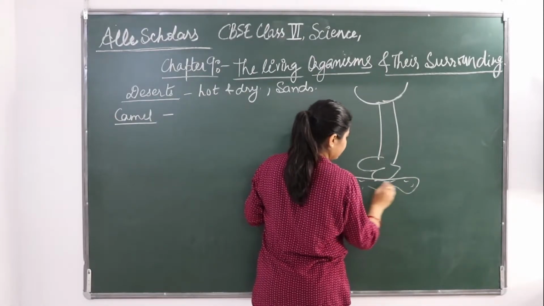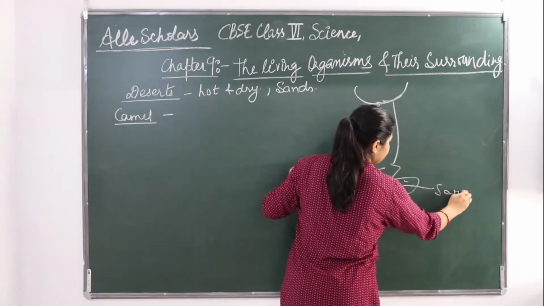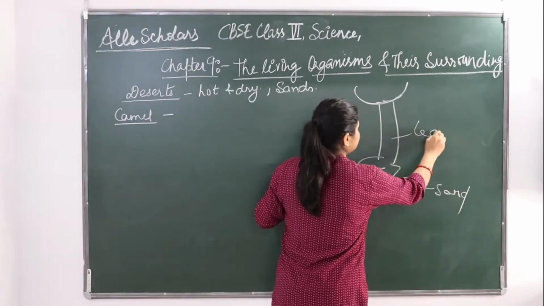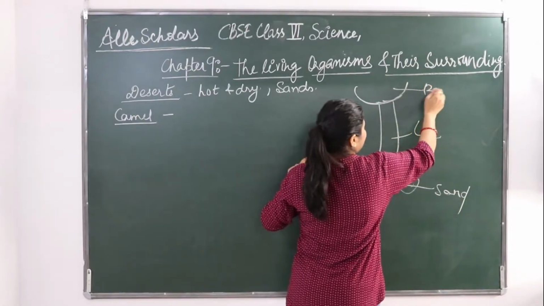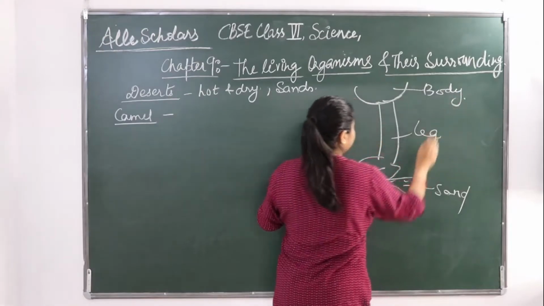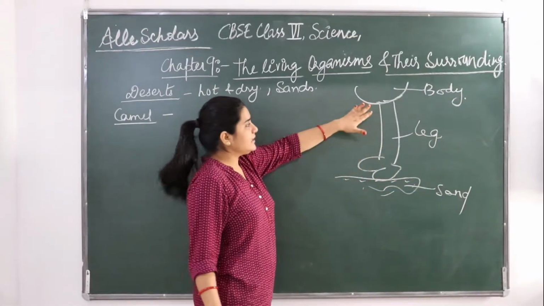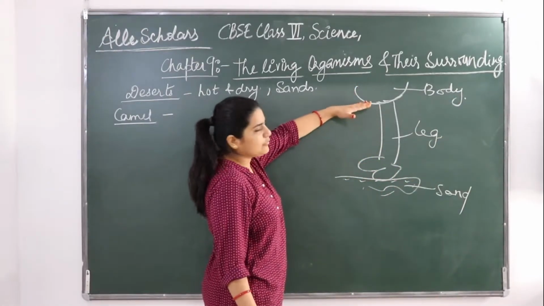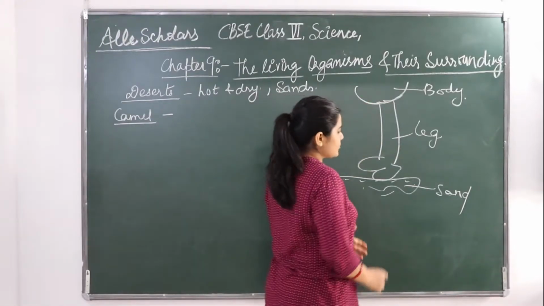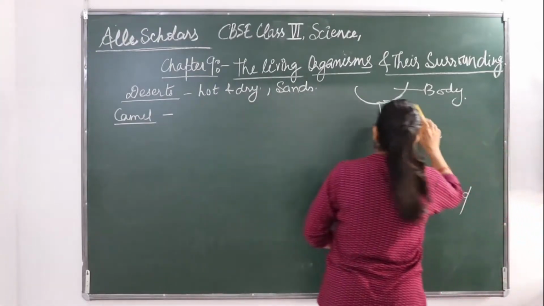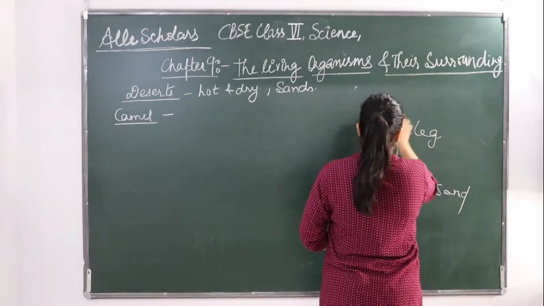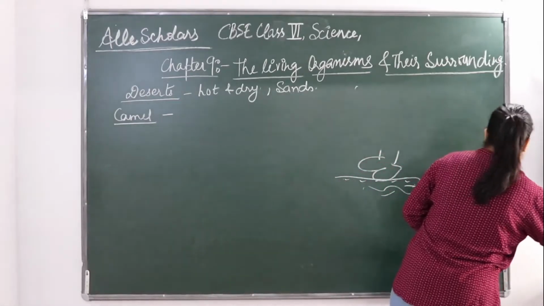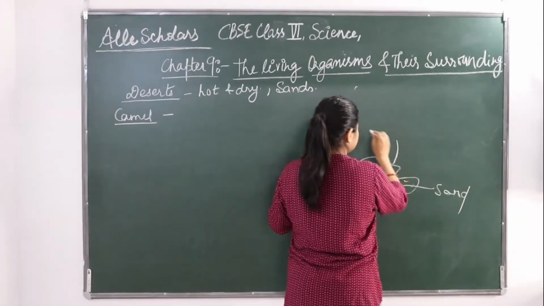This is the sand, this is the leg and this is the body. So if the legs are longer, they keep the body away from the sand. Suppose these legs were very short, like this.